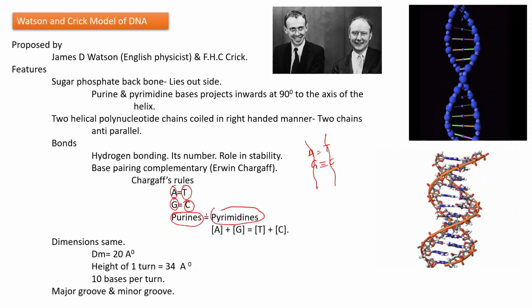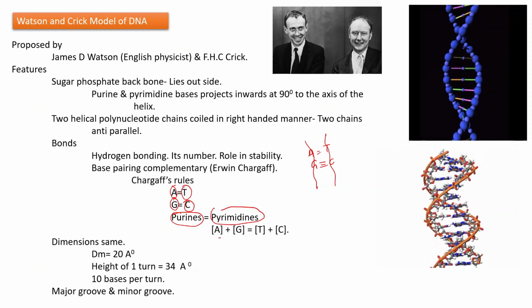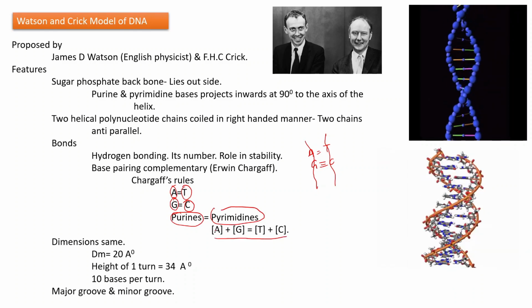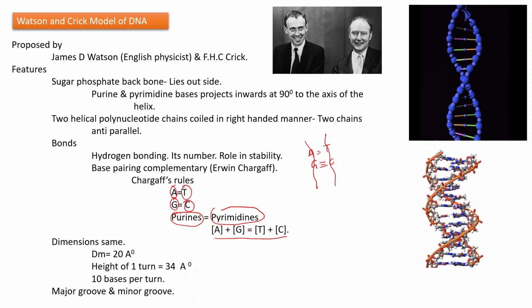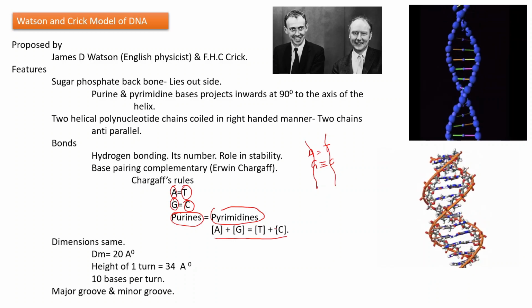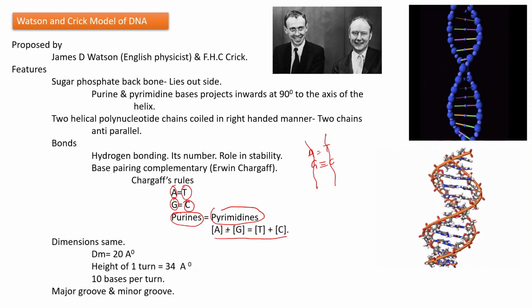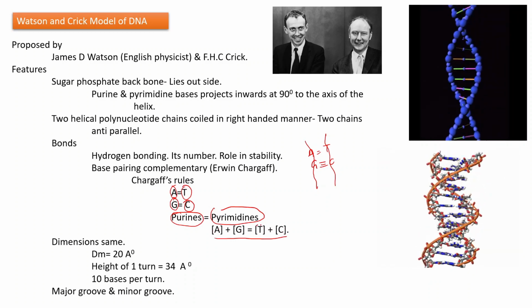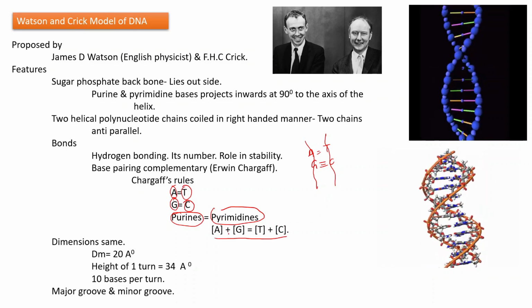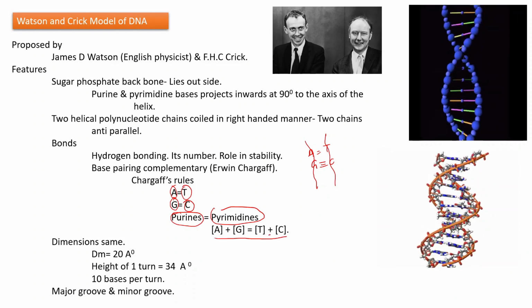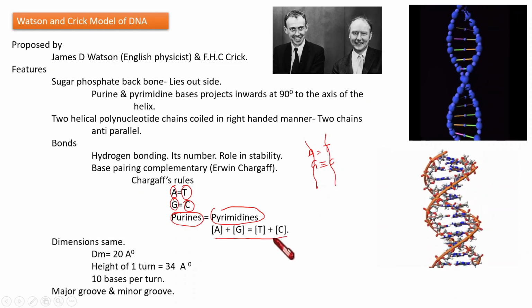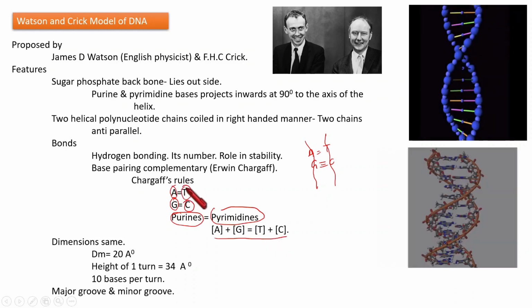Altogether, the entire concept we can write in the form of this equation: total amount of adenine plus total amount of guanine is equal to total amount of thymine plus total amount of cytosine. These are purines and these are pyrimidines. So the number of purines is always equal to the number of pyrimidines. That is Chargaff's rule.